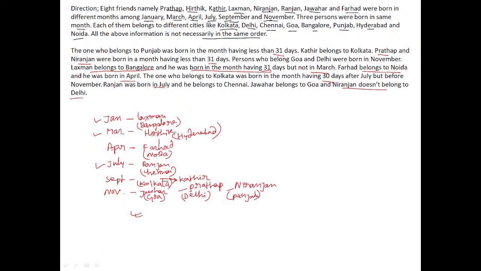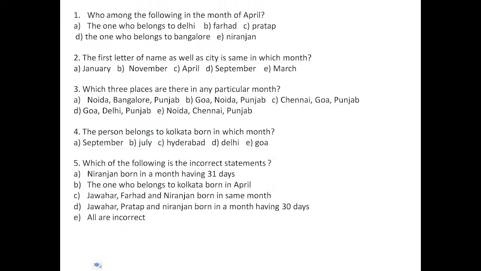Okay, now moving to the question part of this set. But before that we have to put this data in the next slide. So first is Lakshman, Bangalore. I am just writing in a short form. Then Ritik and Hyderabad.